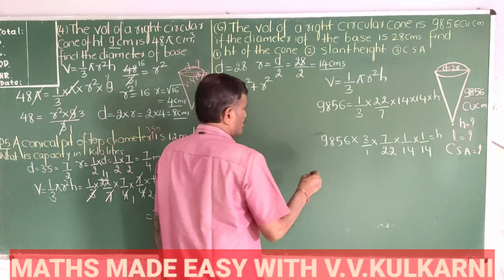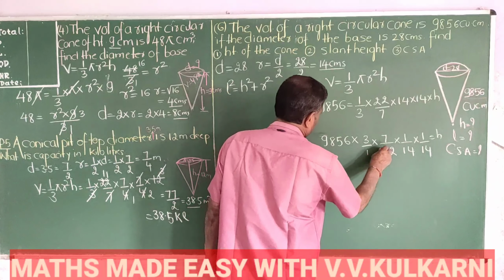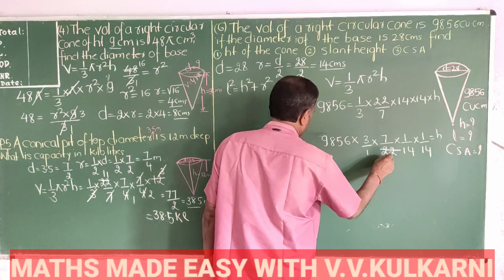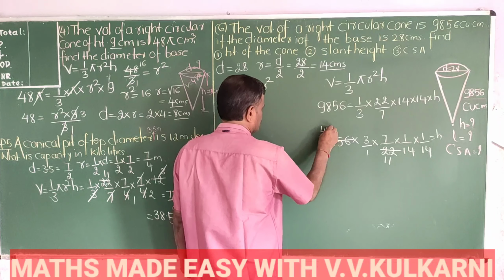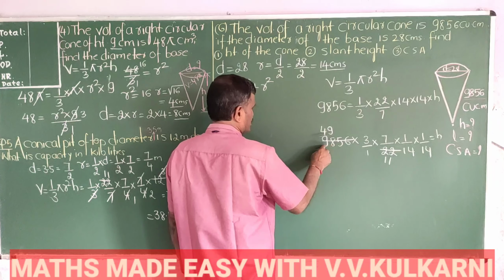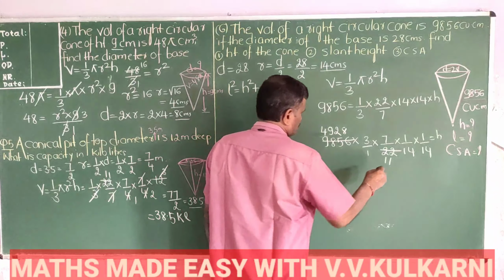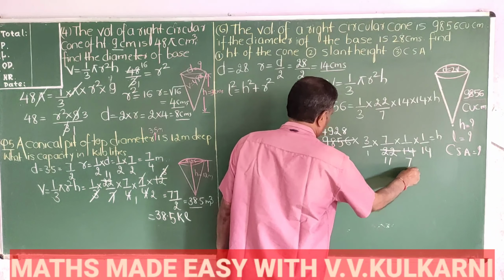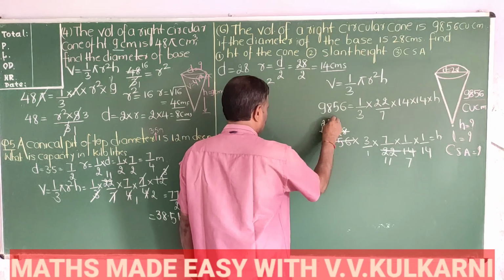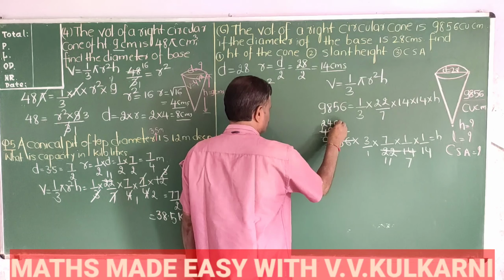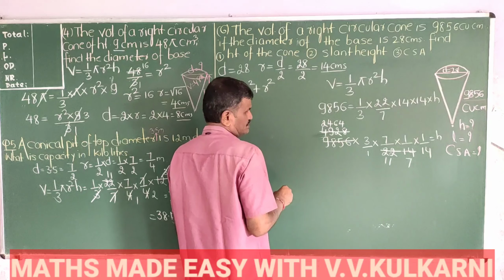Let us see if it is possible to cancel here. See here, 2 11s are here, 2 4s are 8, 2 9s are 18, 2 4s are 8, 2 9s are 18, 2 2s are 4, 2 8s are 16. Then again, 2 7s are 14, 2 2s are 4, 2 4s are 8, 2 6s are 12 and 2 4s are 8.